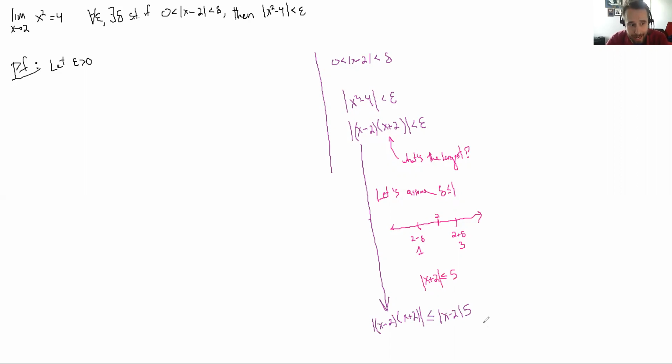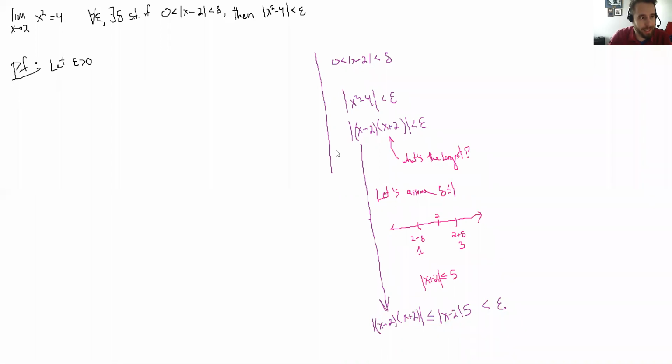And so if we make sure that this quantity is less than epsilon, then we would also guarantee that this whole quantity is less than epsilon, and that's really what we want, right?